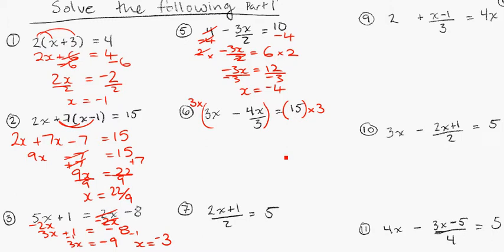What you do to one side you do to the other. So expanding, I'll get 9x. Now 3 times 4/3, the 3's will cancel and I'll be left with 4x. 3 times 15, you might need to work that out as 45, which leaves me 5x equals 45. Dividing both sides by 5, I get x equals 9.